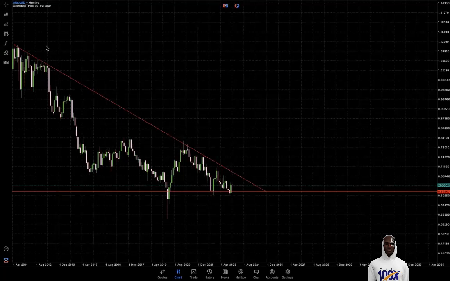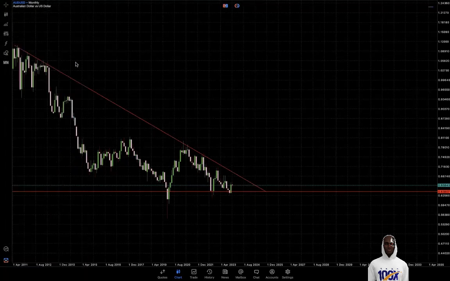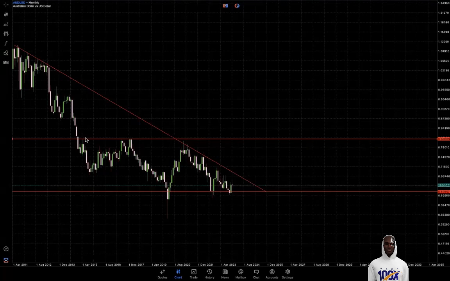Now let's map out levels of support and resistance. Why is mapping out levels of support and resistance important? Because these levels, like this resistance level now, are levels where there are orders, sell orders.